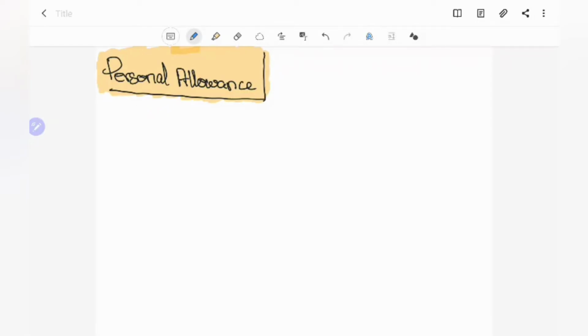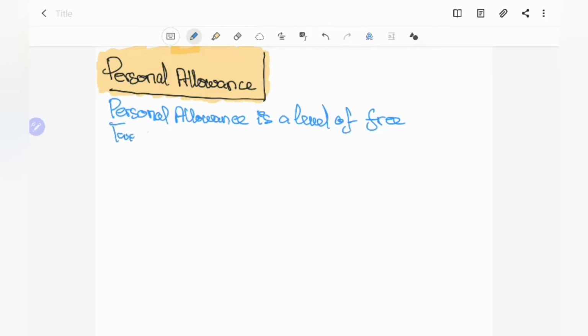Alright, now what is personal allowance? Personal allowance, as I told earlier, is a level of free tax income to UK taxpayers.